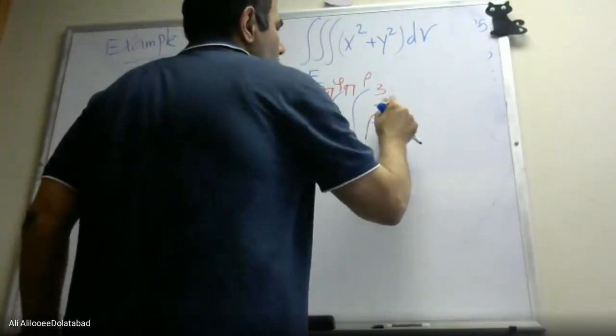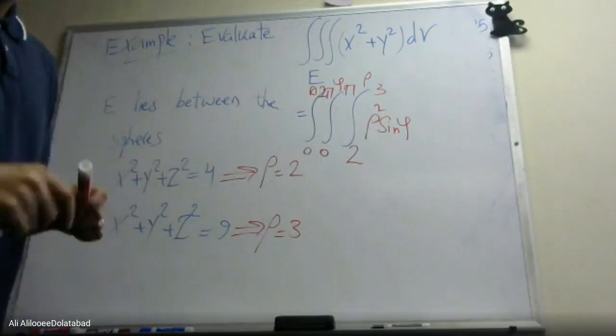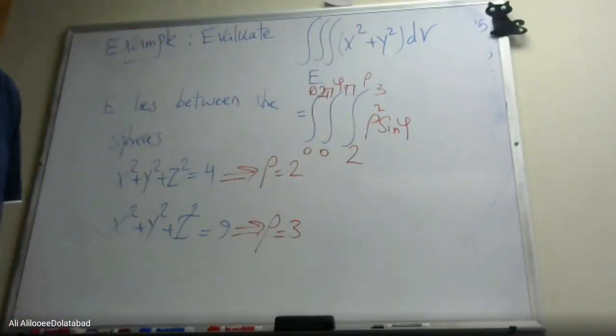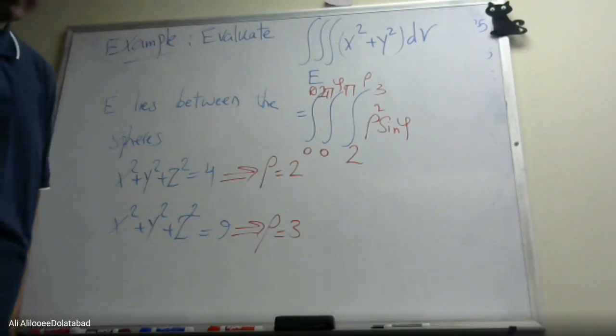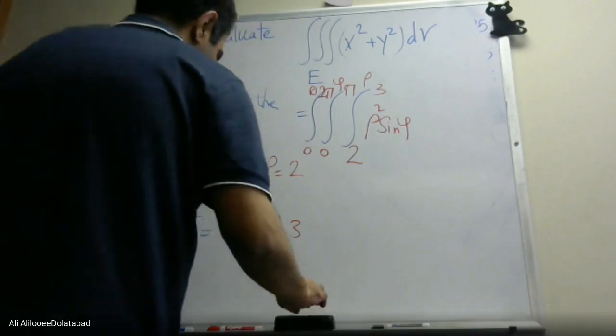The Jacobian is rho squared sine of phi. We need to convert x squared plus y squared into a spherical coordinate. Actually, we did this for the previous example, but I would like to do it again because I think it is a good exercise.